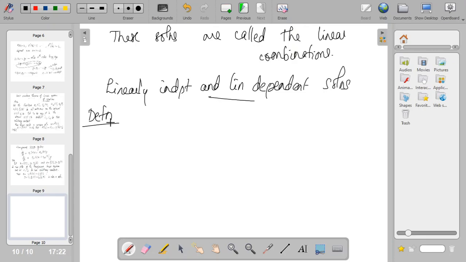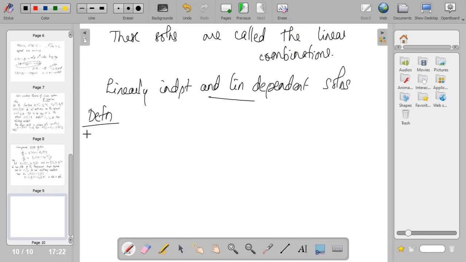So again we have two sets of solutions, x equal to f1, y equal to g1, and another pair f2 g2. These two pairs f1 g1 and f2 g2 can be linearly independent or linearly dependent. So we look at how to define whether the solutions are linearly independent or dependent.